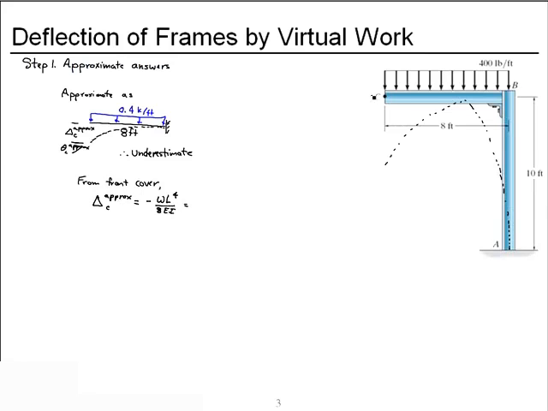Negative because those equations are based on up as a positive displacement. So we have negative 0.4 kips per foot, 8 feet raised to the fourth power, over 8EI. Put it all together, we have a prediction of minus 205 kip feet cubed over EI. And it's negative, up would have been positive.